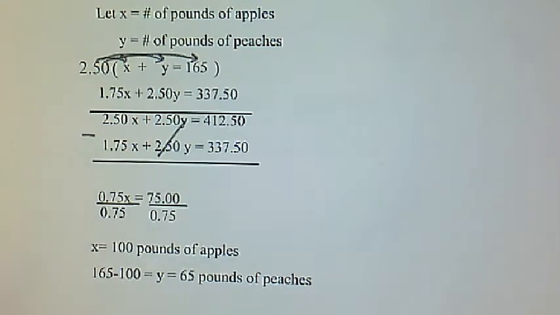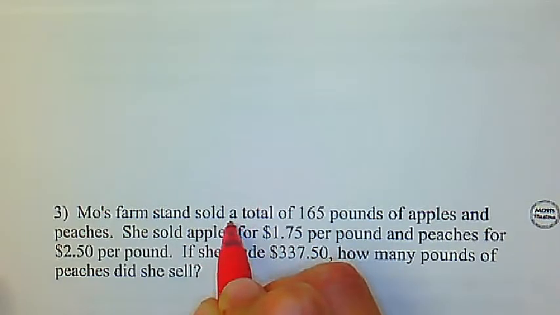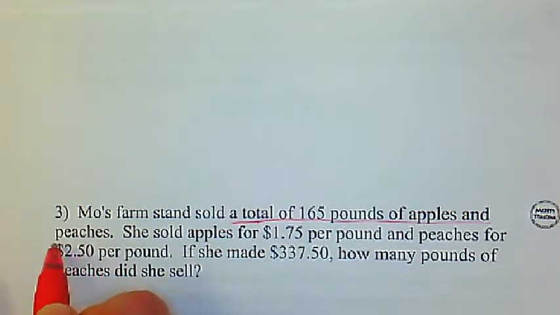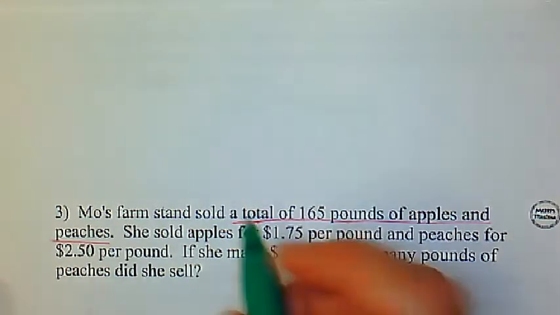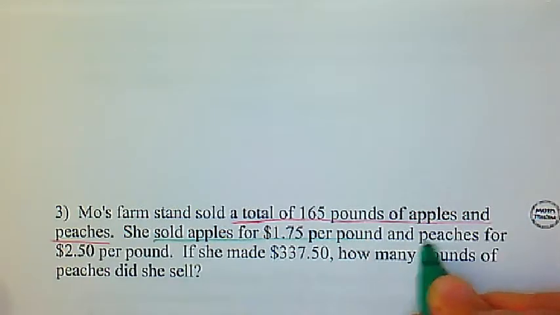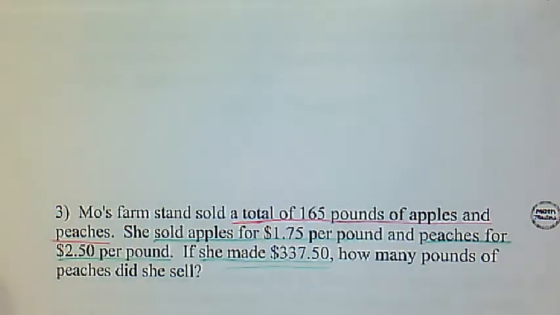So if you look at this question, let's underline a few things first. Mo's farm stand sold a total of 165 pounds of apples and peaches. And then they sold the apples for $1.75 per pound, and the peaches for $2.50 per pound, and this made $337.50.